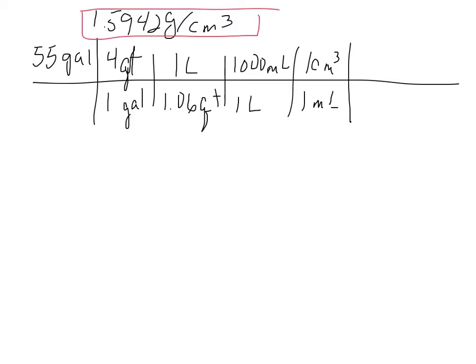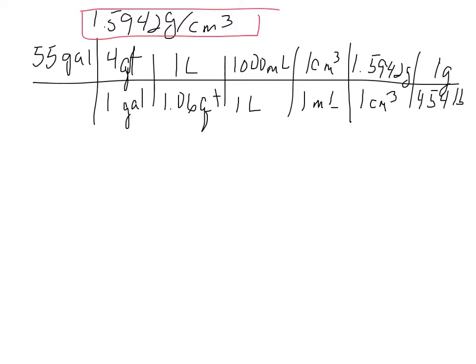So basically what we're saying is if we have 1 centimeter cubed, based on the density, the mass of that 1 centimeter cube would be 1.5942, and that would be in grams. And so if we want to solve for pounds, the last step is we need to convert to pounds from grams. So there are 454 pounds in 1 gram.